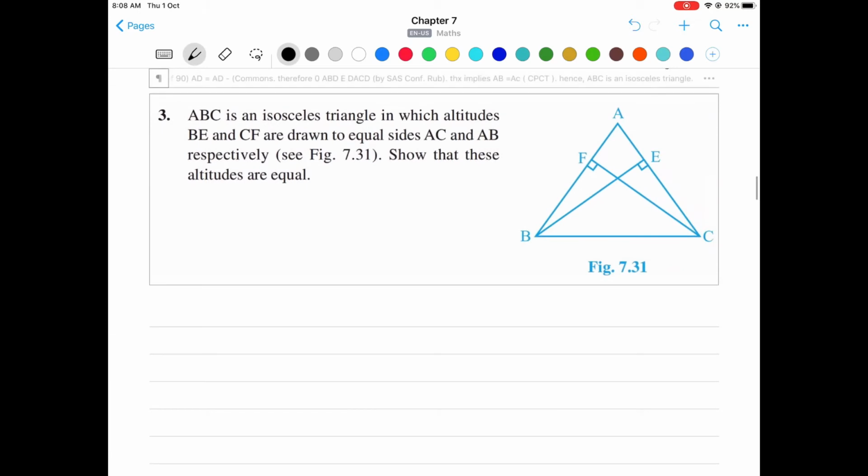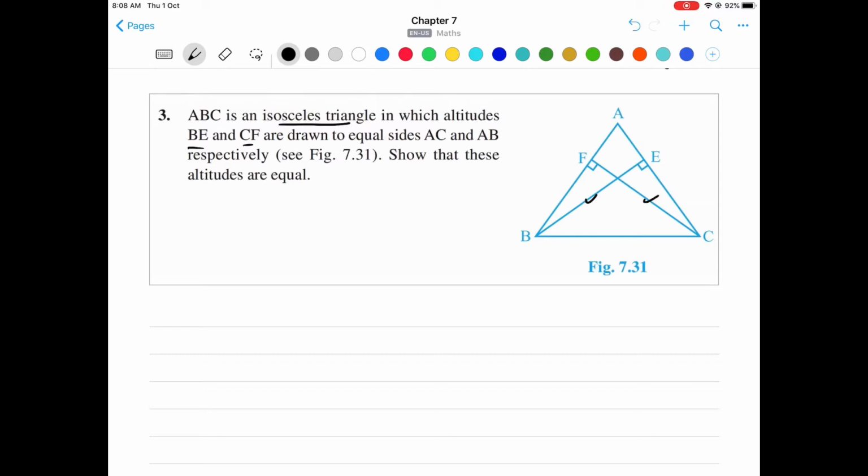Now moving to the next question, we have question number 3, which says in triangle ABC, it's given that ABC is an isosceles triangle in which altitudes BE and CF are drawn to equal sides AC and AB. So we have here two altitudes, BE and CF, which are drawn to equal sides AC and AB.